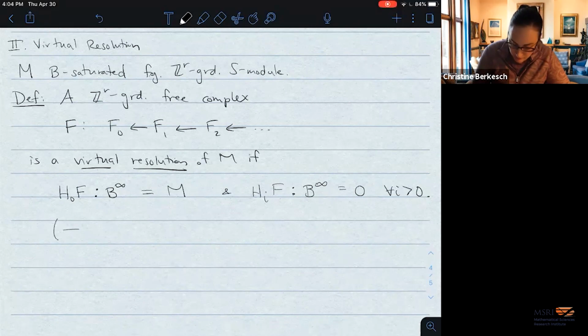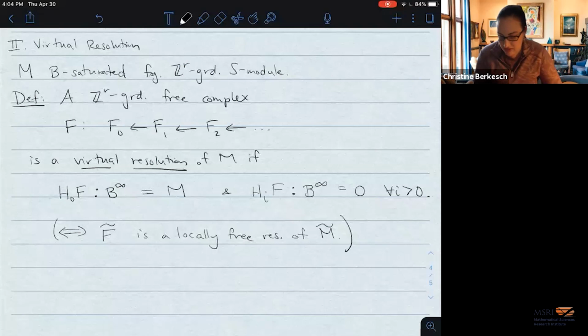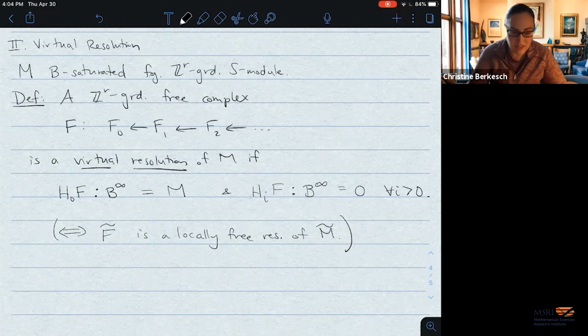And so for those who prefer the geometric side, notice what I'm saying here is that when I sheafify, this is a locally free resolution of the sheaf corresponding to M. And in particular, it's not just any locally free resolution. It's actually a resolution using direct sums of line bundles. So these are very special locally free resolutions.